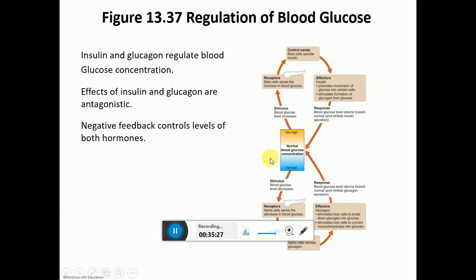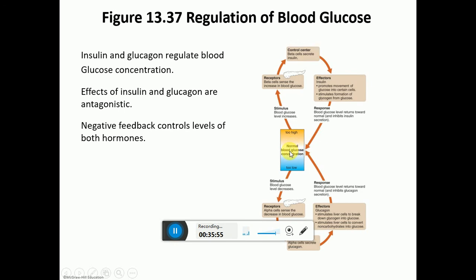Here you can see a kind of regulation of blood glucose levels. If the blood glucose level is in normal range, we're good. If it gets too high, that will stimulate the receptors in the pancreas, so the beta cells are going to release insulin. Insulin then will lead to all the actions that we just talked about, and that will decrease the amount of glucose in the bloodstream, so back down to normal.